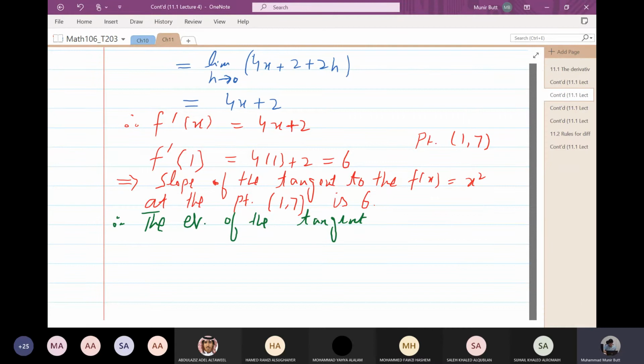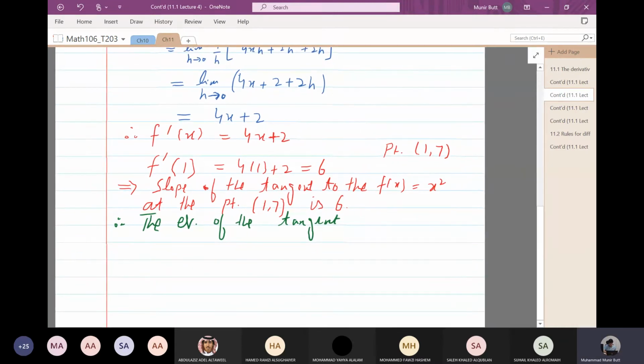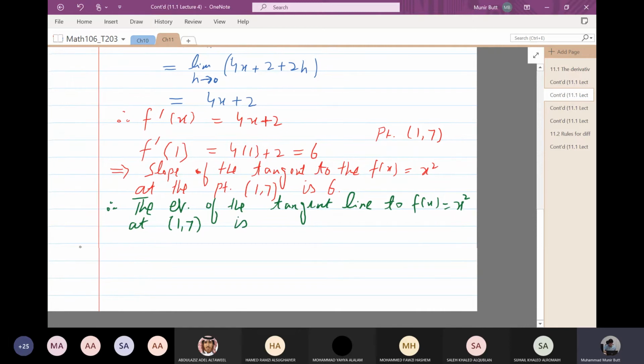So the equation of the tangent line to this function at (1, 7) is, now it will be y minus y1 is equal to slope times x minus x1.